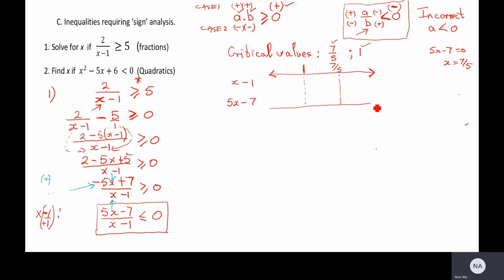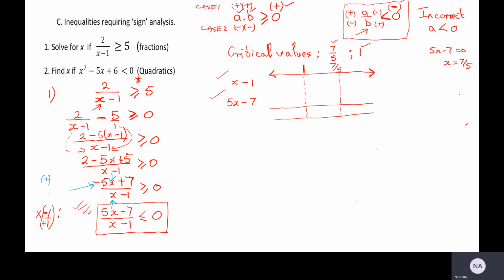Once I have those, for example, I could have 3 factors over here. I could have 4 factors. Then I would have 1, 2, and so on, depending on the equation that I'm dealing with.